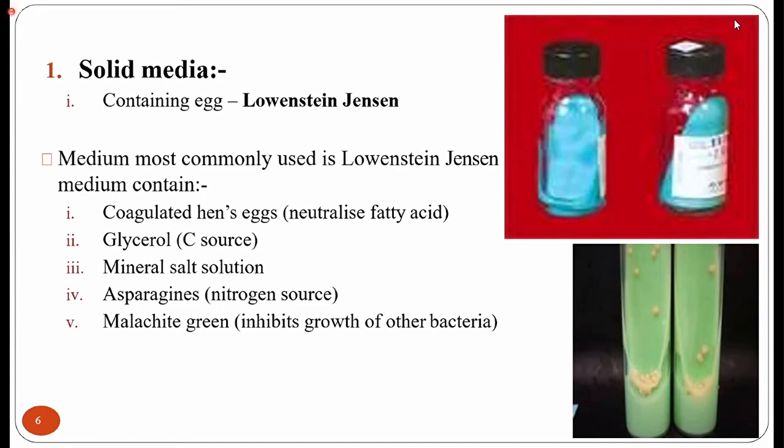If you grow it on a specific medium and you get growth of certain bacteria, you can tell. Another medium you need to remember is the one used for cholera, TCBS: thiosulfate, citrate, bile salts, sucrose agar. So these are the different media specific for the bacteria.